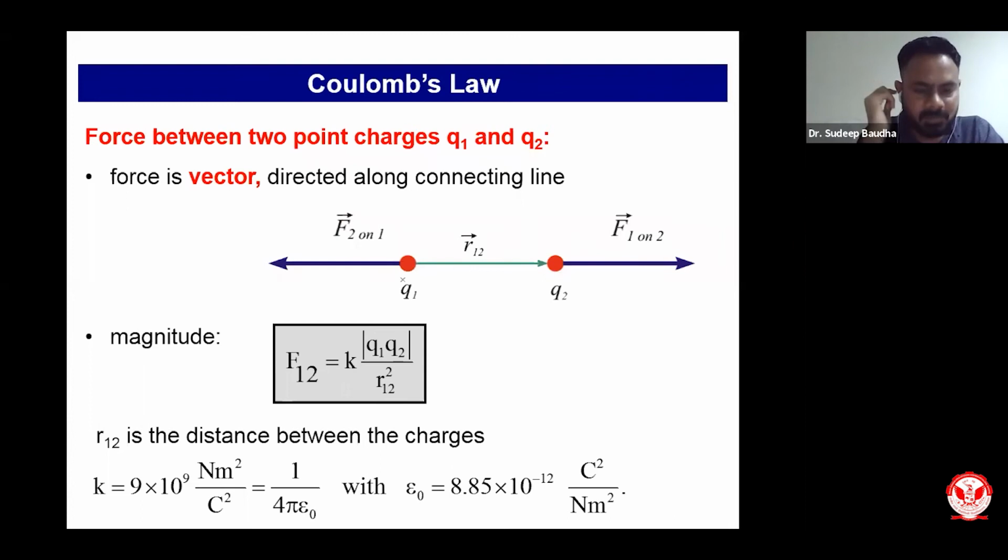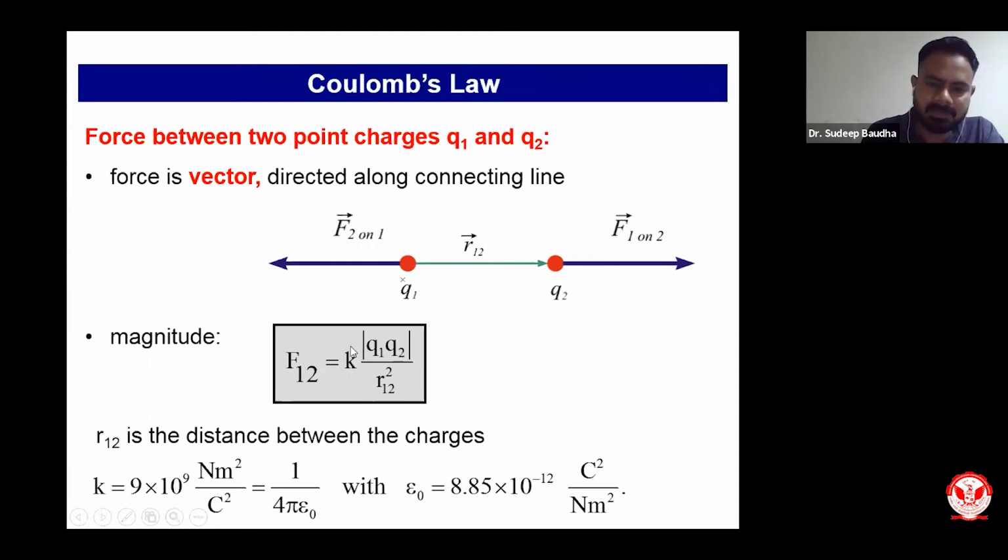In many standard books, you will find that instead of using K, they have written it as 1 upon 4 pi epsilon naught, where epsilon naught has the same value I explained when I was talking about permittivity, which is 8.85 into 10 to the power minus 12. But instead of using epsilon naught, I prefer using K, because K gives you the final value as 9 into 10 to the power 9.